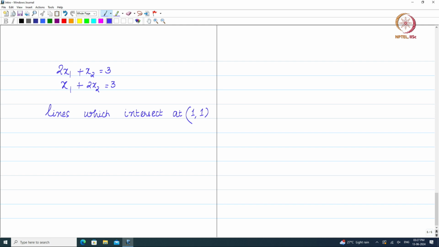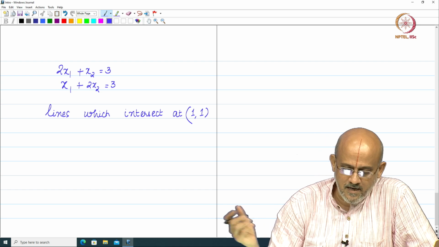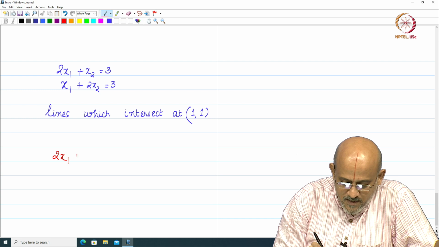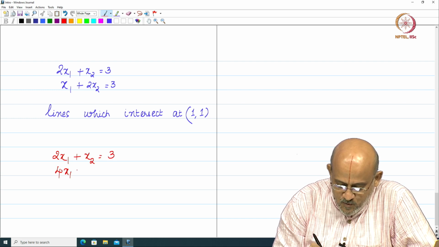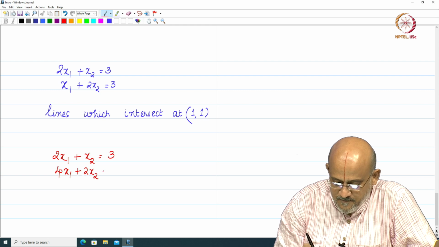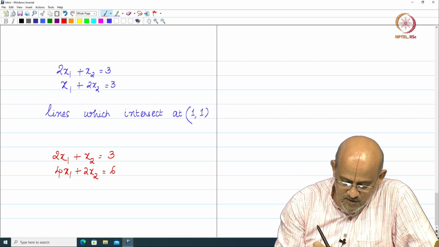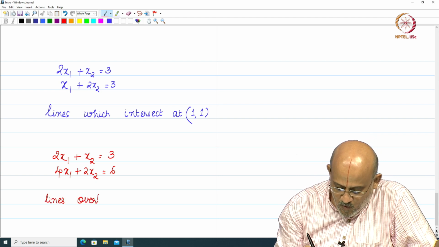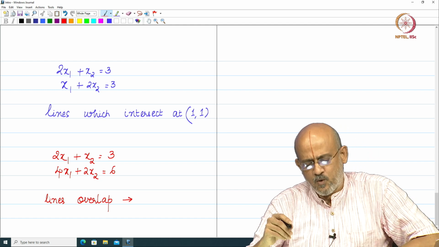And there was also another question in the last lecture, where we asked, do lines always intersect at one point? Probably you looked at a second example, 2x1 plus x2 is equal to 3, and 4x1 plus 2x2 is equal to 6. When you looked at the geometry, these two lines overlap.